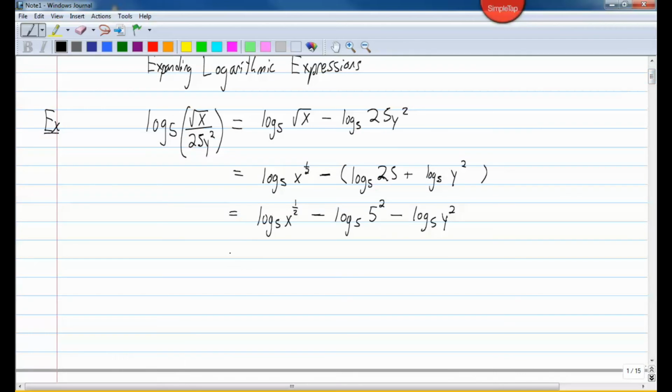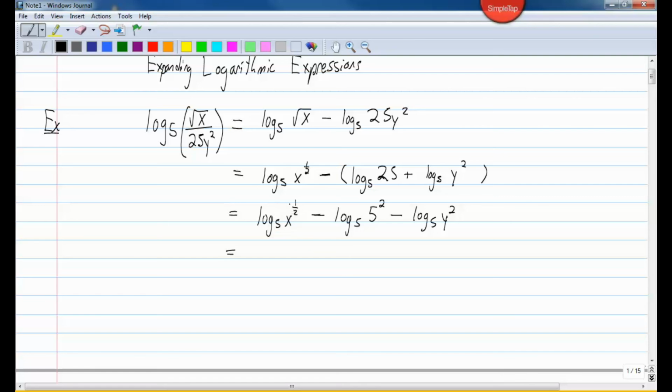Alright. Now this logarithm right here is going to simplify, right? Because you have the same base here and here, so the answer is the power. Before I write that down, though, the last step when expanding is to apply the power rule.